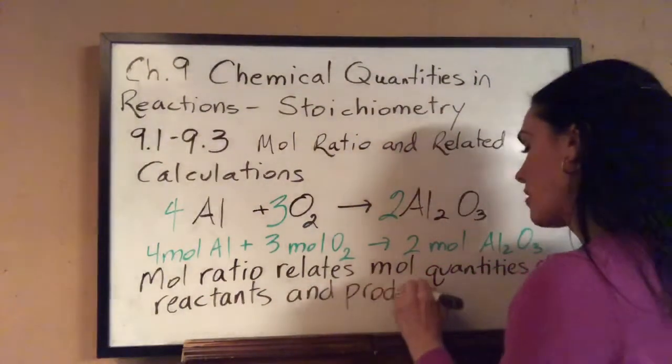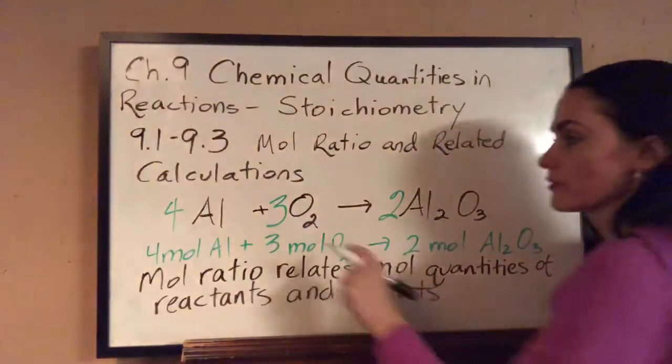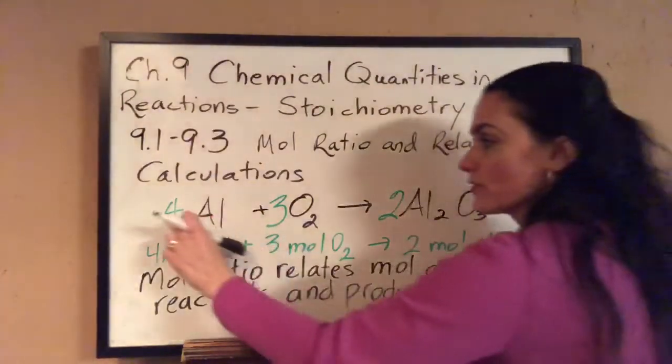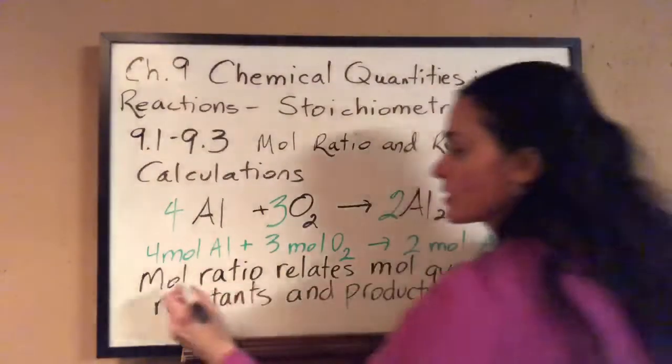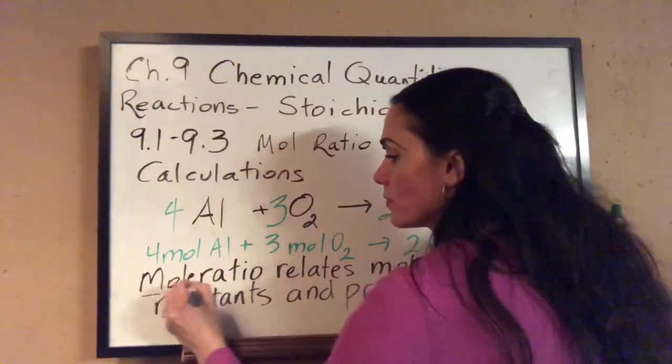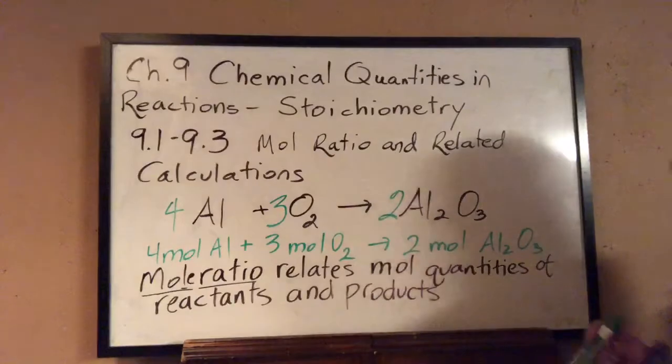Okay. We can also say 4 moles of aluminum will react with 3 moles of oxygen. We can have 4 to 3. We can have 4 to 2. Okay? So mole ratio relates the mole quantities of reactants and products.